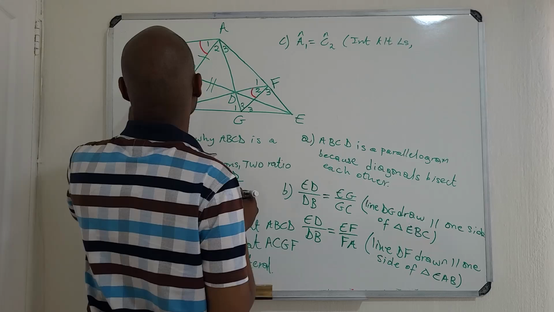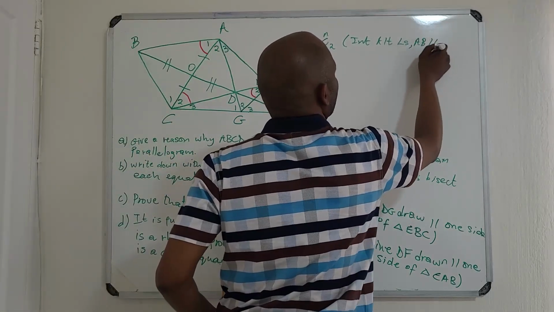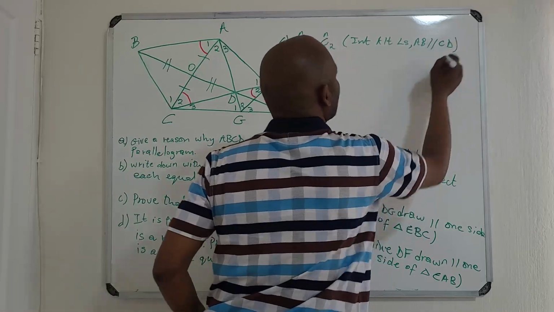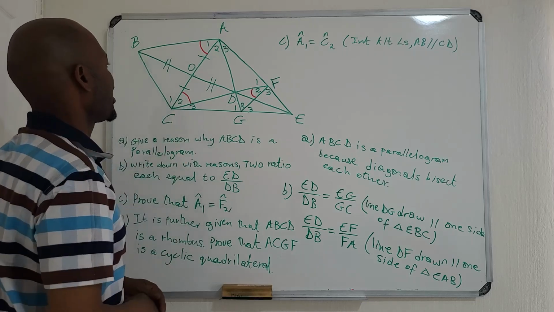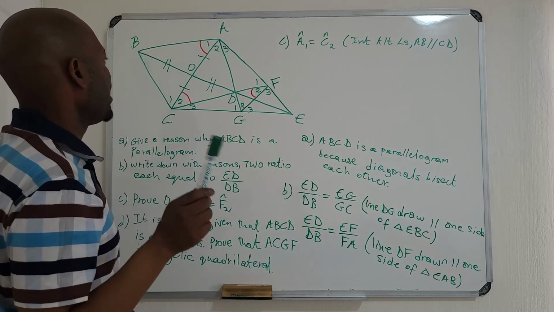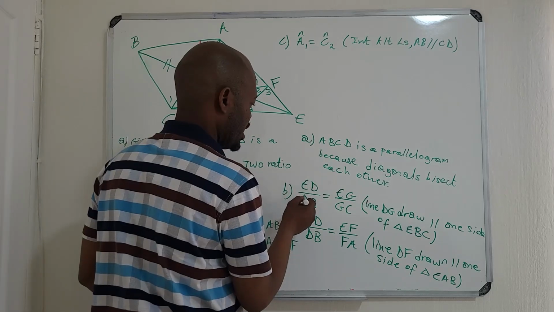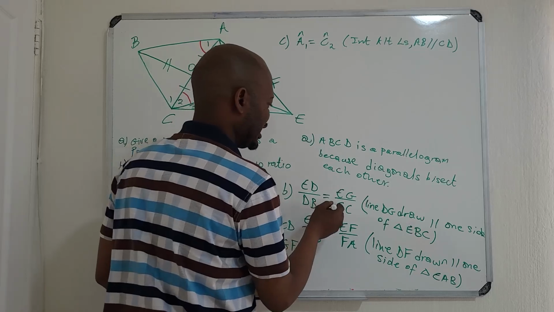It is because AB is parallel to CD. Now, we know that this angle is equal to that angle. But now, we know that ED over BD is equal to EG over GC.